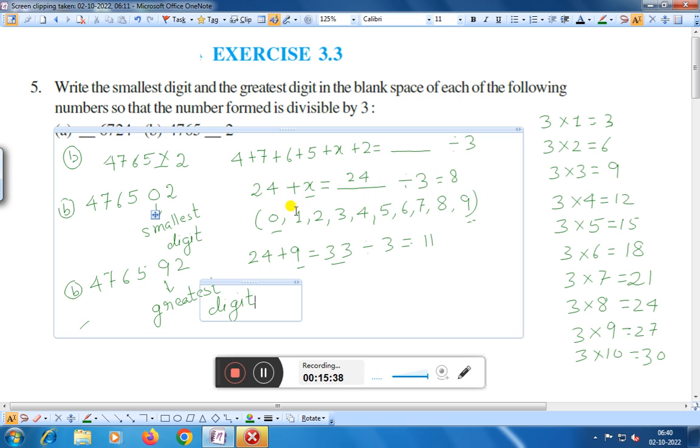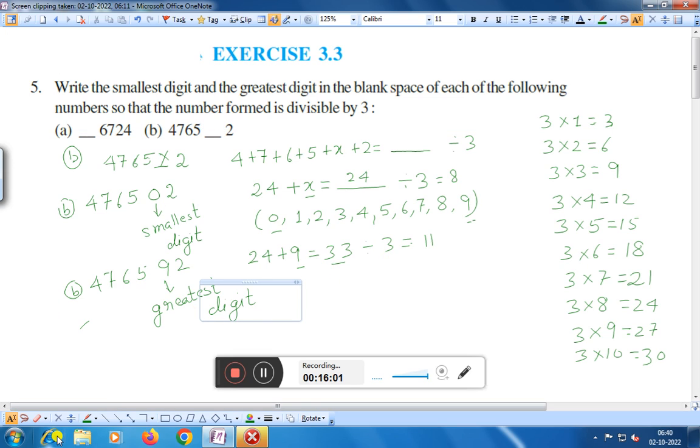Suppose we put 0, then 24 plus 0 is 24, and 24 is divisible by 3. Therefore, the smallest digit is 0. Similarly, the greatest digit is 9. If we put 9, 24 plus 9 is 33, which is also divisible by 3. Therefore, the answer is the smallest digit is 0 and the greatest digit is 9.